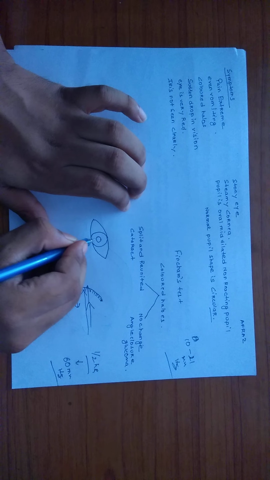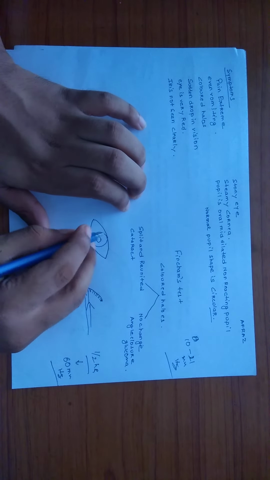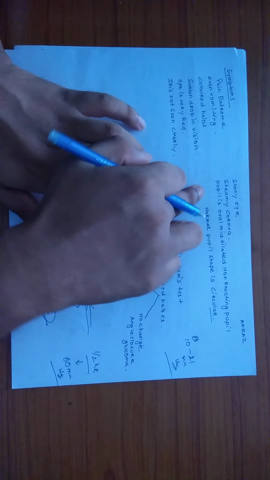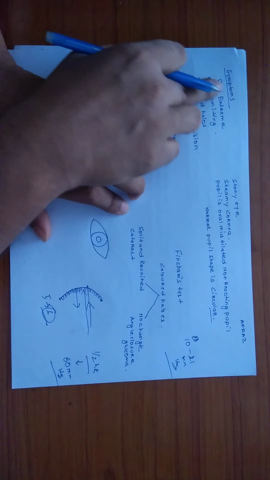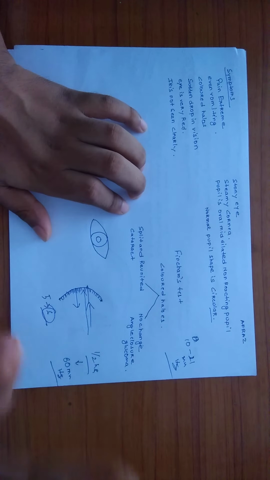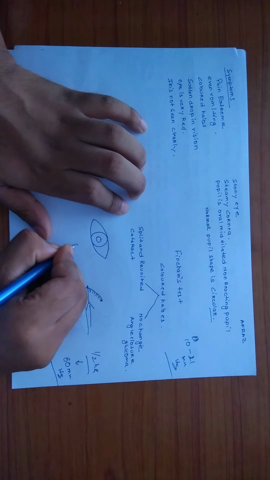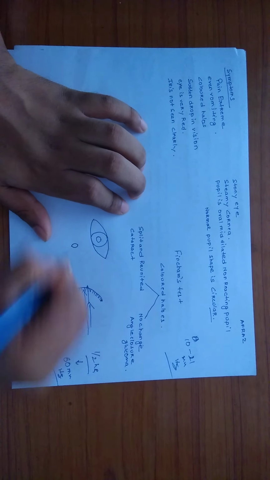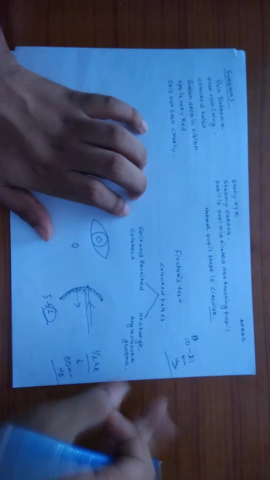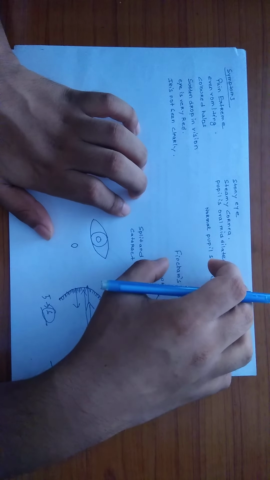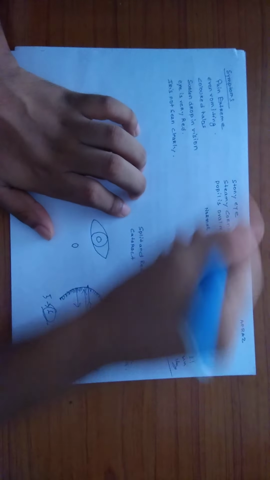The normal shape of the pupil is round, circular. In closed angle glaucoma, your pupil will become oval, mildly dilated, and non-reacting to light. Okay, that is what you can see. So in closed angle glaucoma, this is what you will see.